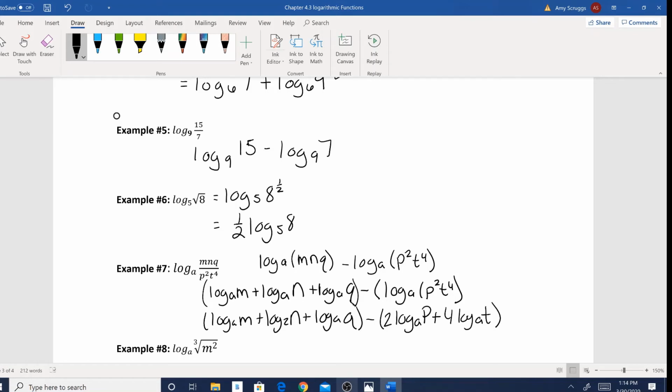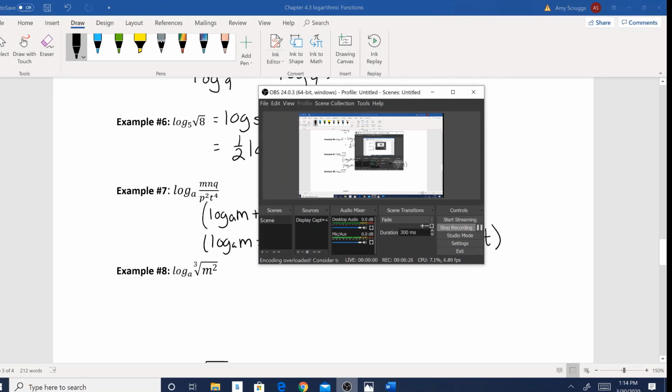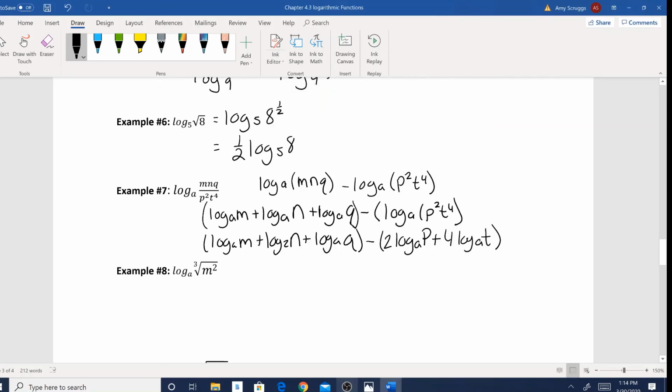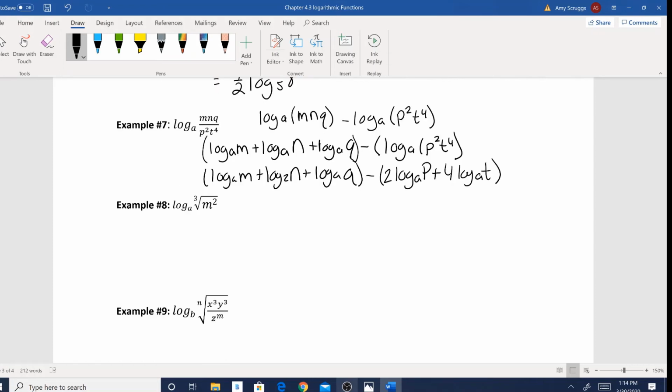Now, hopefully we don't have too many that are that long, because that would be painful, right? Let's look at example number 8. Okay, example 8 wants us to expand this. And anytime you have radicals with logarithms, you definitely want to rewrite those as exponents first. So let me do that first. So we have log base a, and this is of course going to be a cube root.